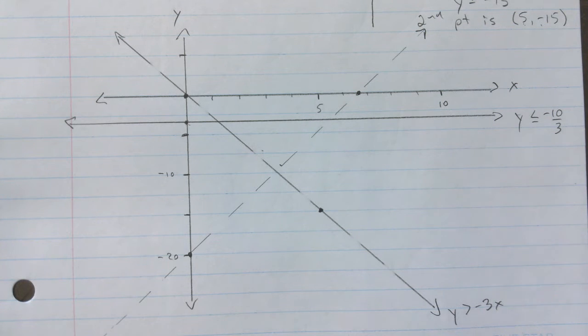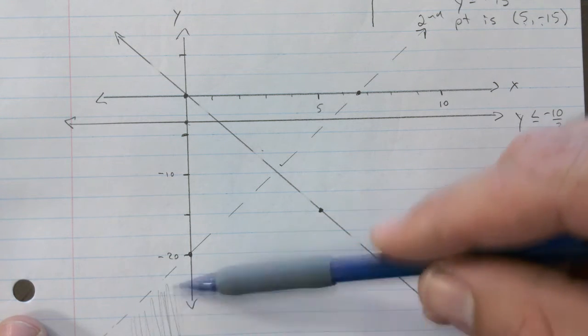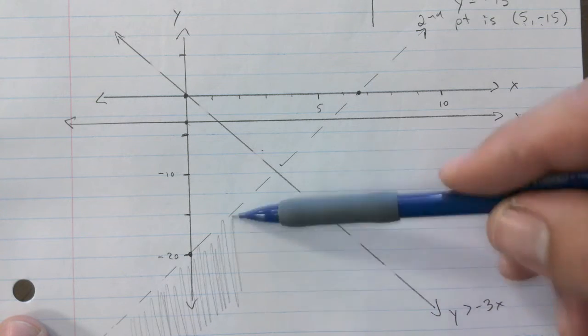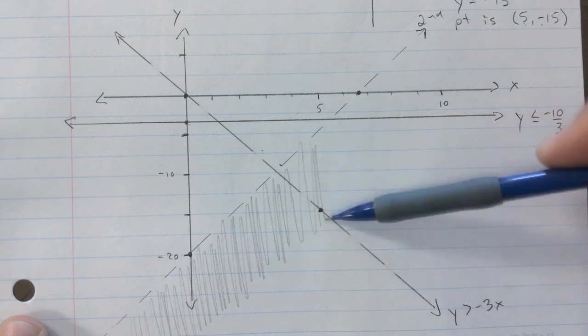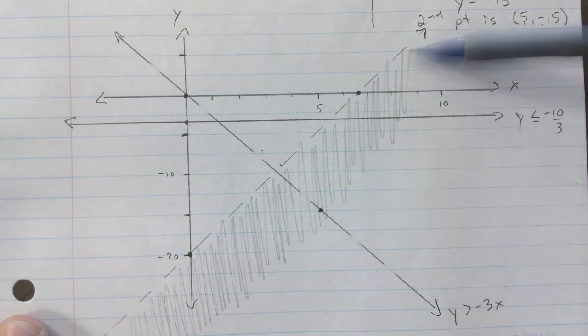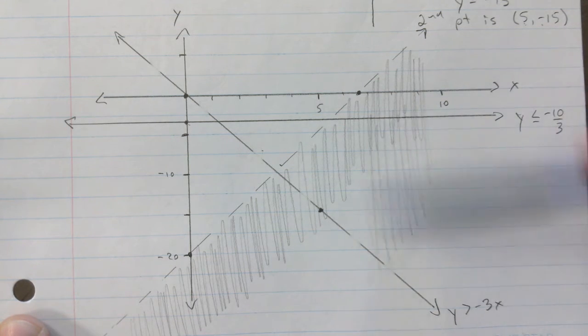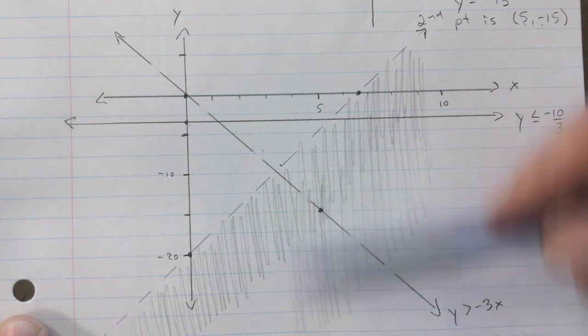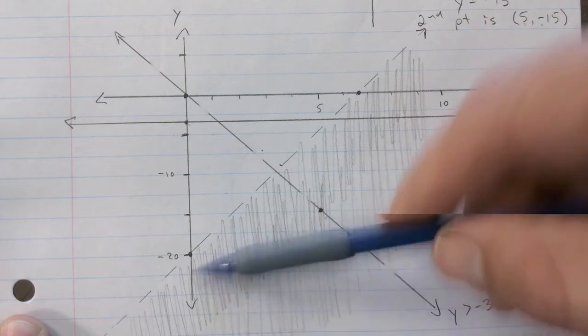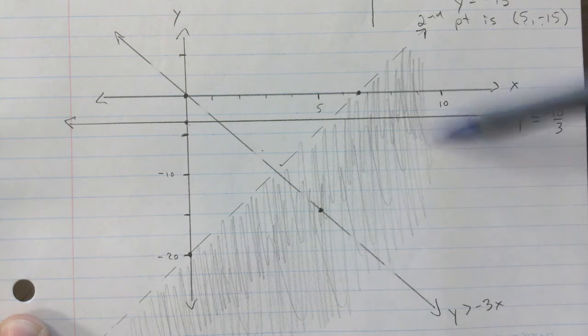So the first line, where am I shading? The first line is right here. It says shade below. So shade below. Shade it all in.